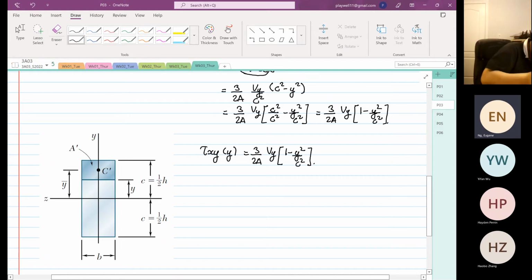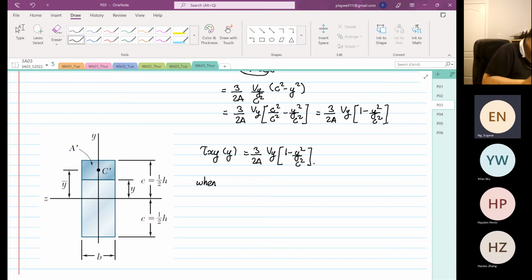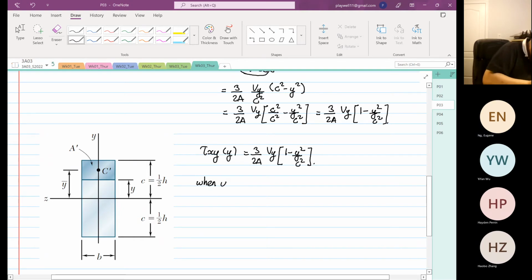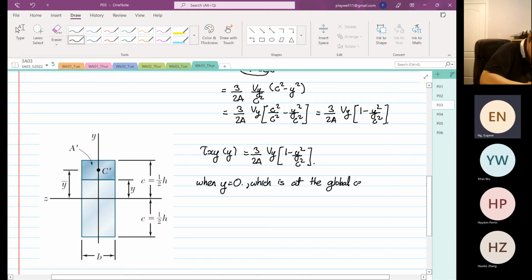So what we realize is that when y is equal to 0, which is at the global centroid position, right?